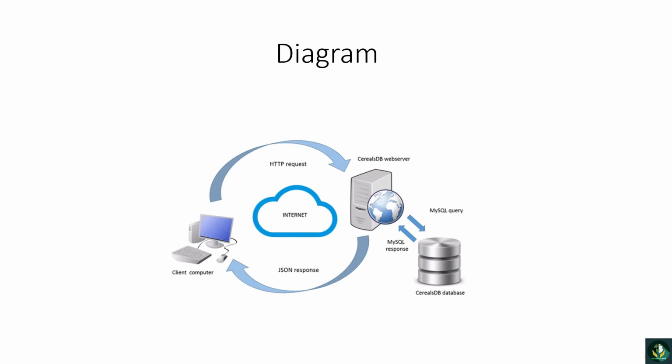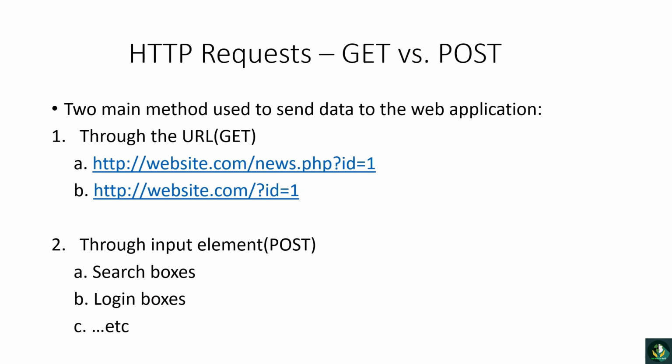So what we usually do is manipulate the data and try to send some malicious code or malicious payload in order to exploit some kind of vulnerability. Now usually data is sent to the web server using two main methods. The first one is through the URL, where you usually see the file name, and the data being sent is followed by a parameter. You can think of this as a variable, followed by a value, which is 1, as you can see.